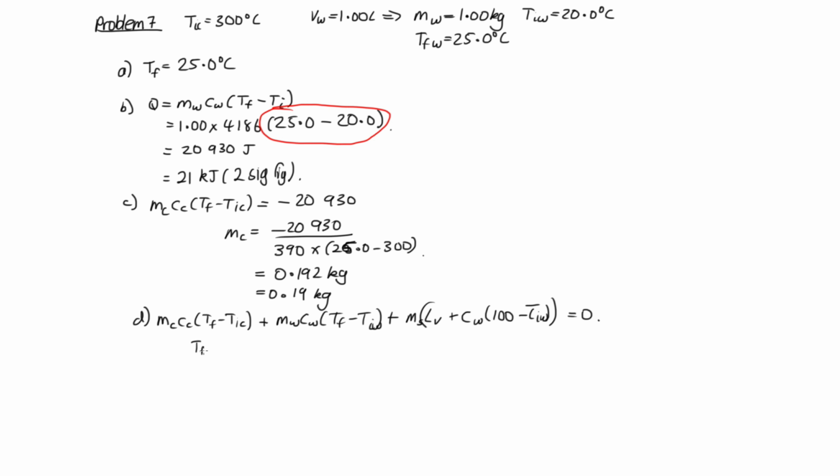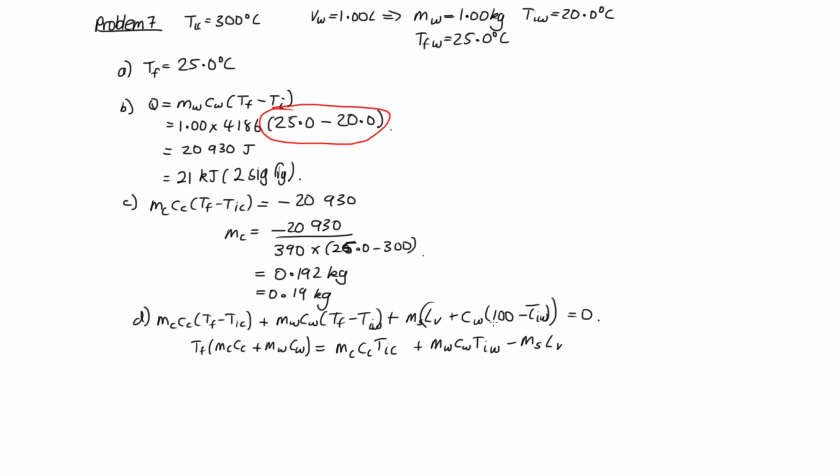And what we're trying to find is this final temperature. So we have the final temperature outside of mass of copper, heat capacity of copper, plus mass of water, heat capacity of water, is equal to, now we're going to move every other term over to the other side. So we've got mass of copper, heat capacity of copper, times the initial temperature of the copper, plus the mass of the water, heat capacity of the water, times the initial temperature of the water, minus the mass of the steam times the latent heat of vaporization.